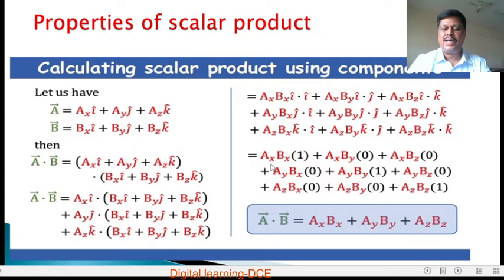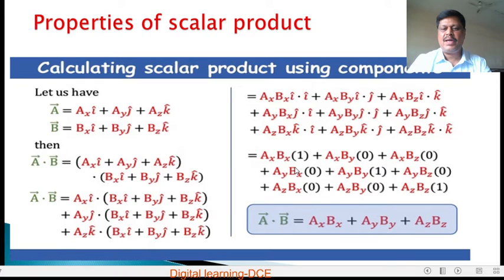Hence we can write Ax Bx into 1 because i dot i is equal to 1, Ax By into 0 because i dot j is equal to 0, plus Ax Bz into 0 because i dot k is equal to 0.